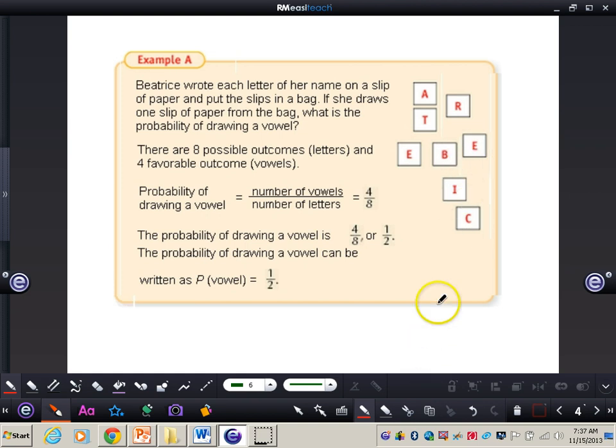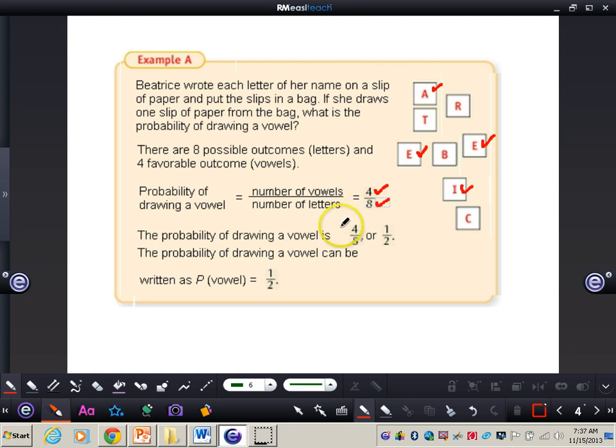Now we can see that there are only 4 vowels. We have A, E, E, and I. So 4 vowels. So the probability of drawing a vowel would be 4, because that is the desired outcome, out of 8, the possible letters that are in there.